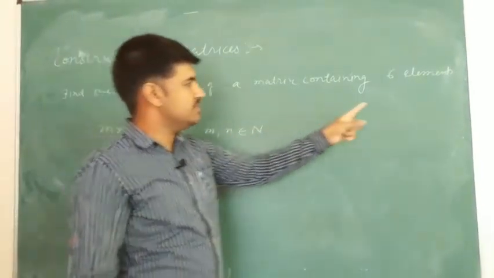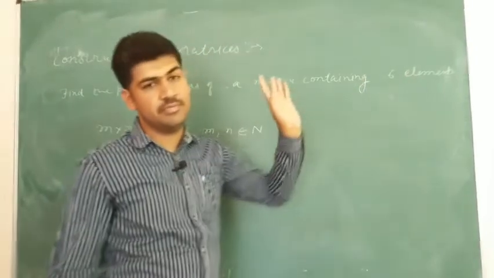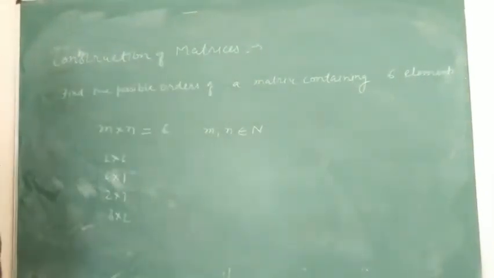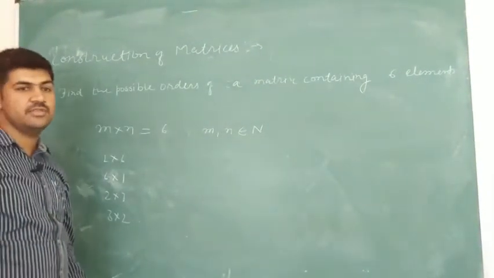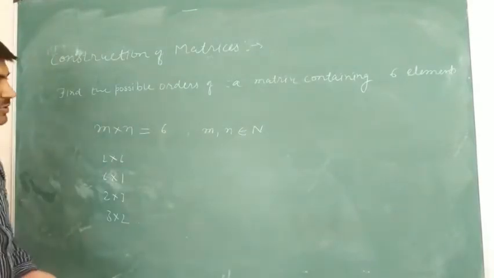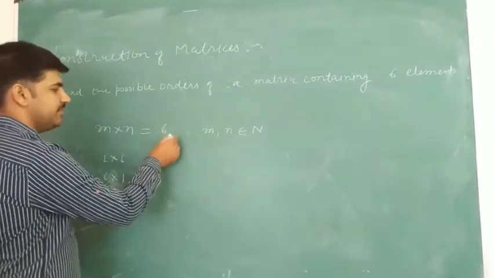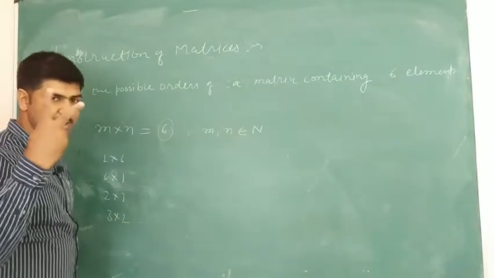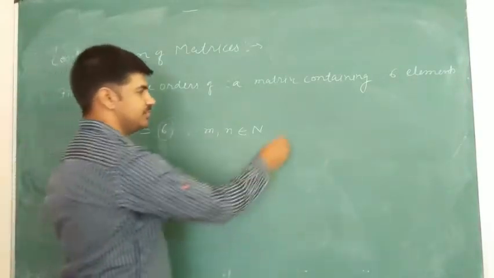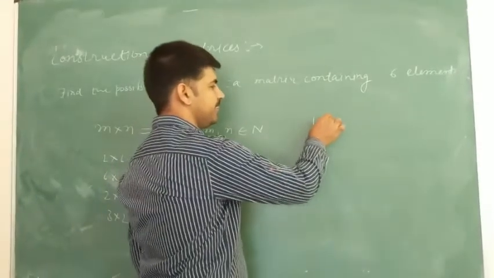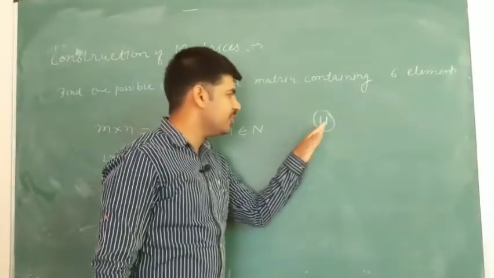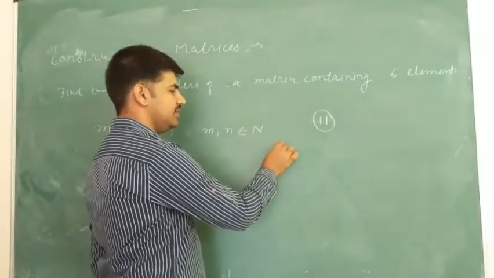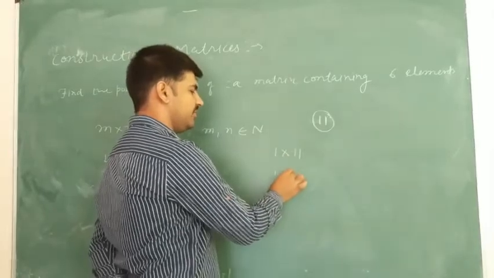Now, in place of this 6, any particular number may be given and you have to find the possible orders of that particular matrix. This type of question you must be able to do. Suppose there is a prime number, there are only 2 possible ways. Suppose I take 11. The possible order of the matrix will be either 1 by 11 or 11 by 1.